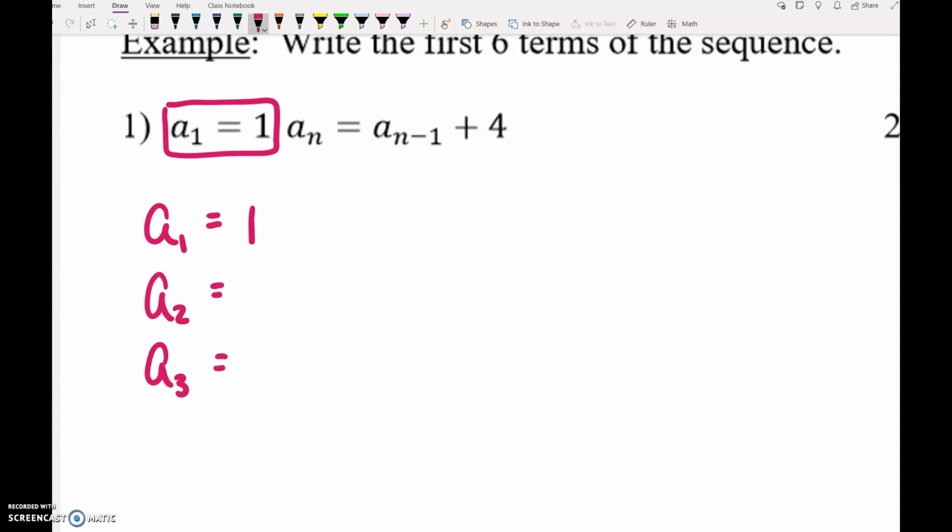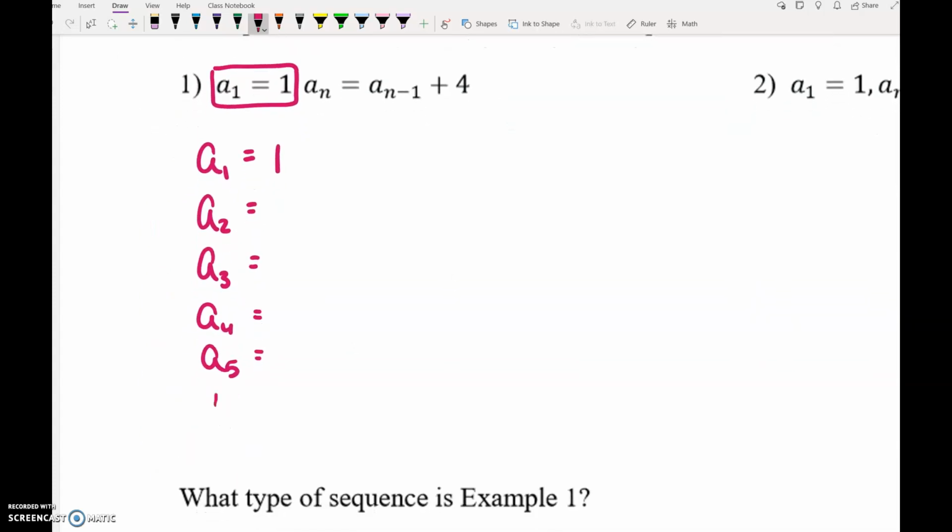I'm just going to write this out. All right. This says your next term, a sub n, is going to be your previous term plus 4.